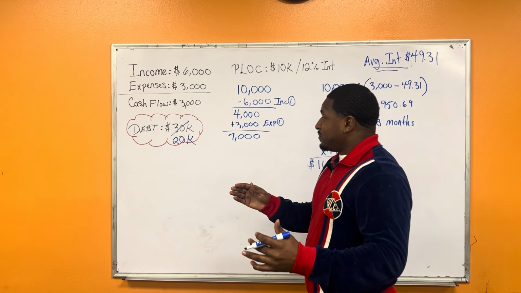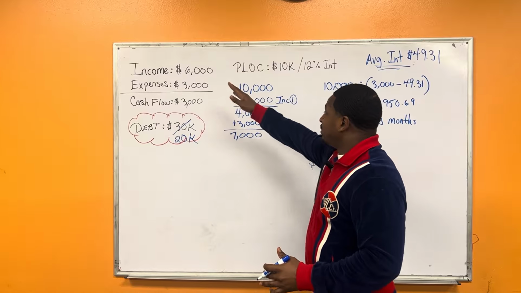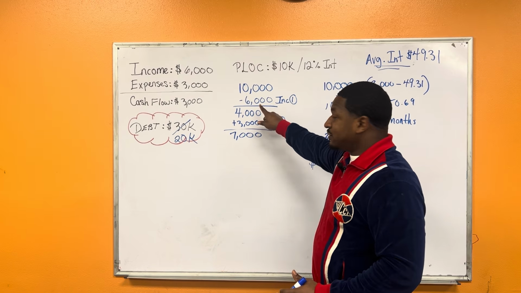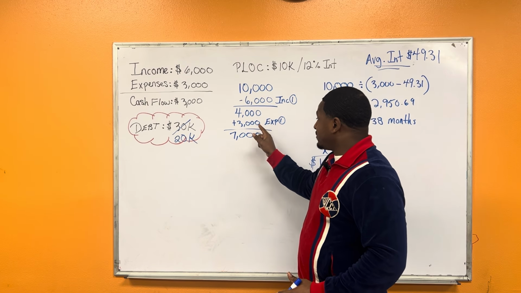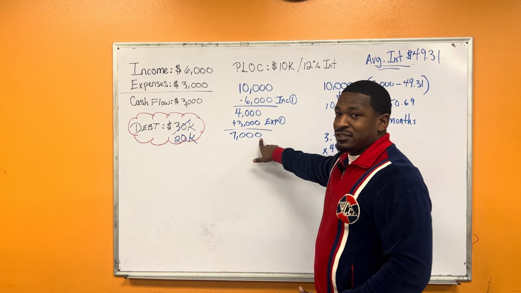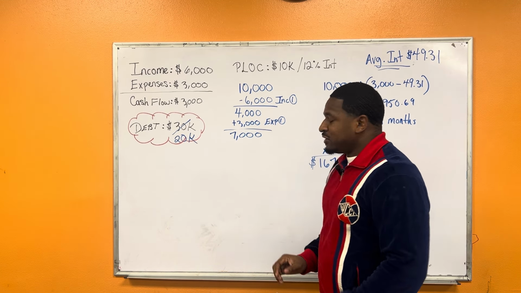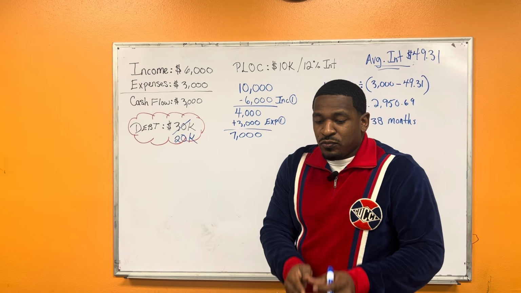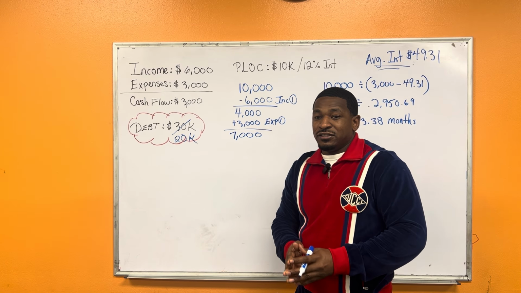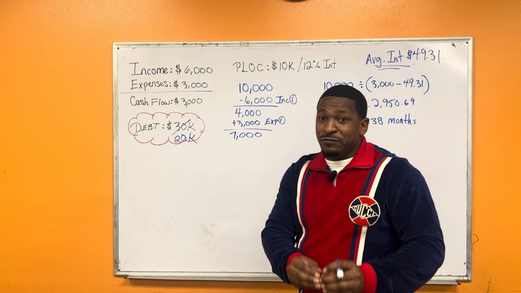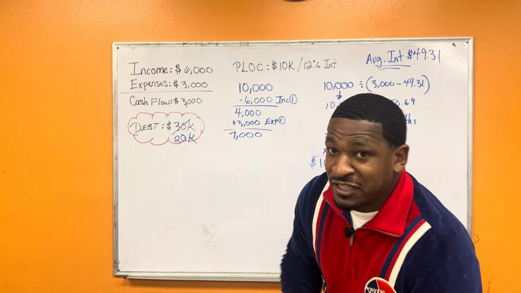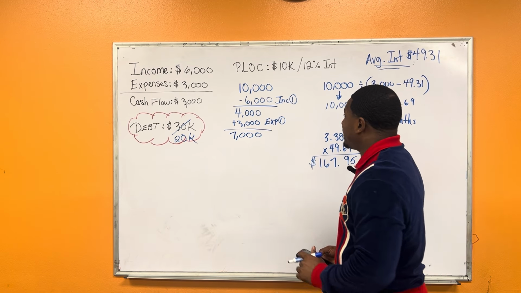So with that being said, we go income in, expenses out, and now we get to this point. So the question is, Nikhil, what do we do now? How do we calculate the interest? Again, we're calculating average daily balance. So this is how we're going to calculate the average daily balance.